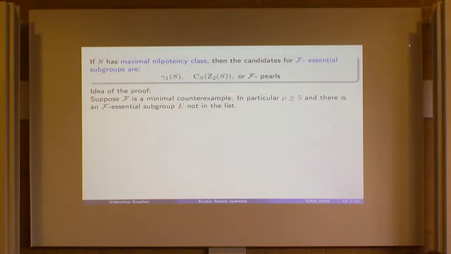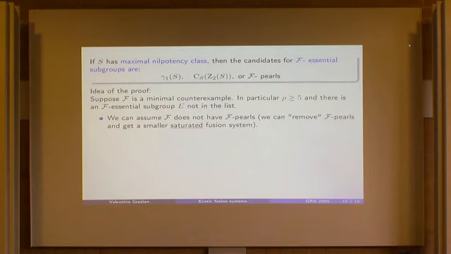By minimal, we mean first on the size of the p-group and then on the number of morphisms we see. So in particular, we end up in p greater or equal than 5 because the 3-groups are unclassified and they are known and things work well in that situation. So we are p greater or equal than 5 and there is an essential E that is not in this list.